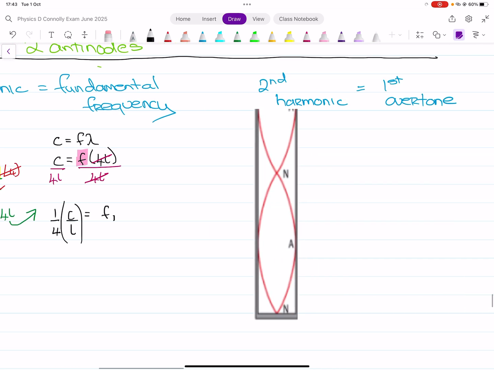This is what the second harmonic looks like. So the second harmonic has two nodes, and it has two antinodes.